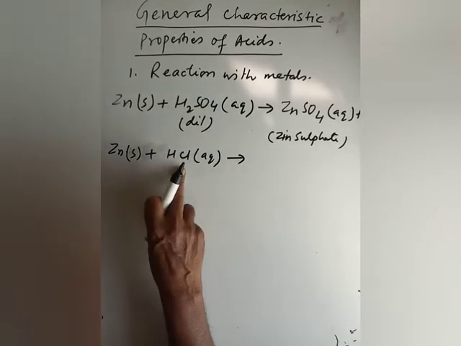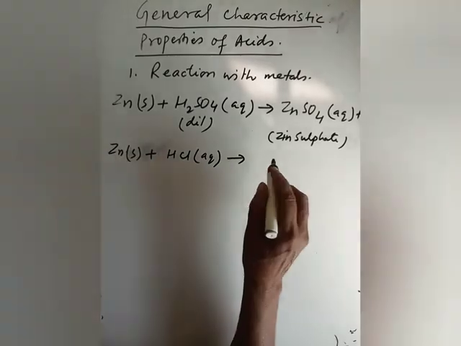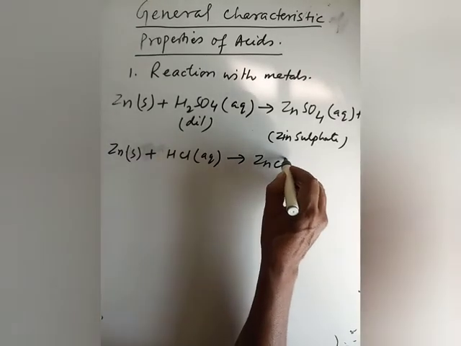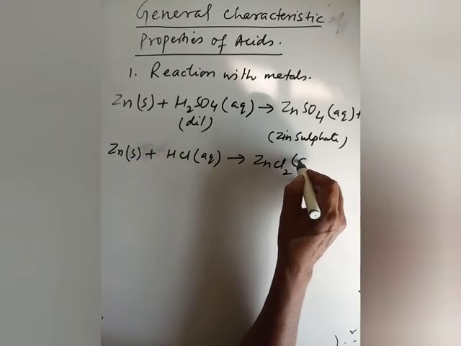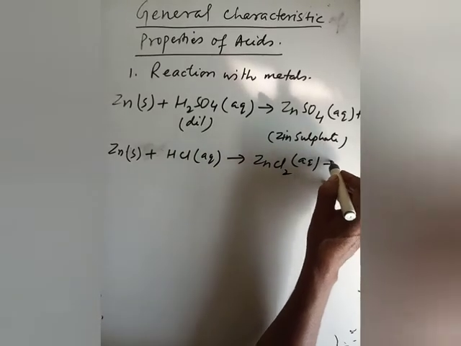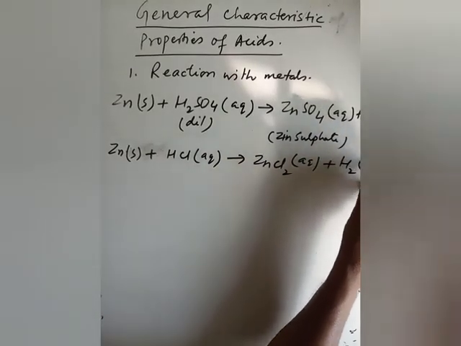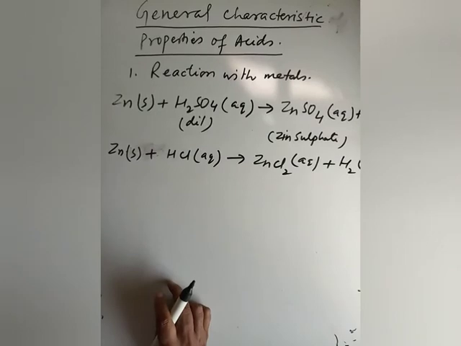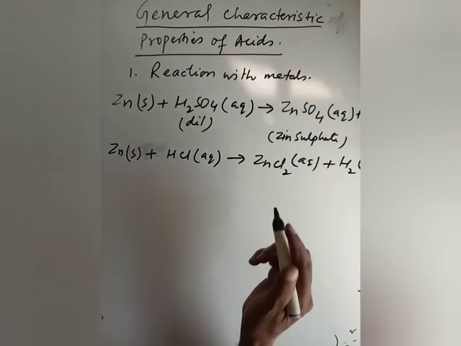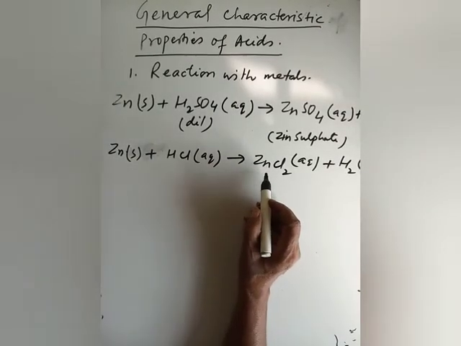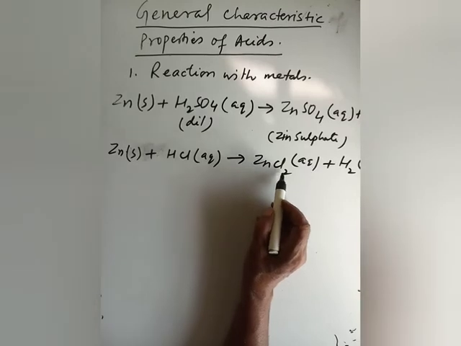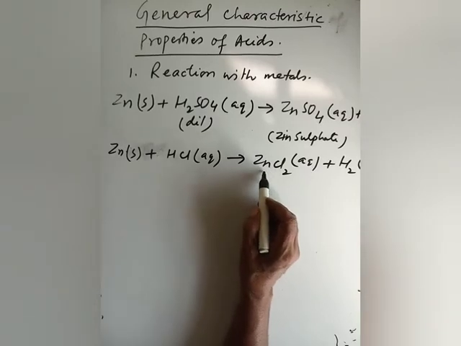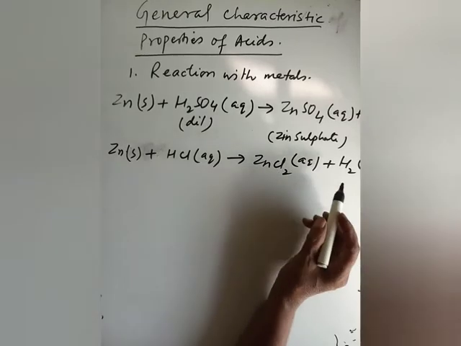Zinc will react with chloride to form zinc chloride, which is in aqueous form, plus hydrogen gas is evolved. The valency of zinc is 2, therefore that goes to chlorine. So it forms zinc chloride, and this is hydrogen.